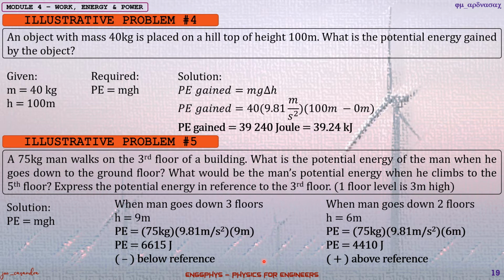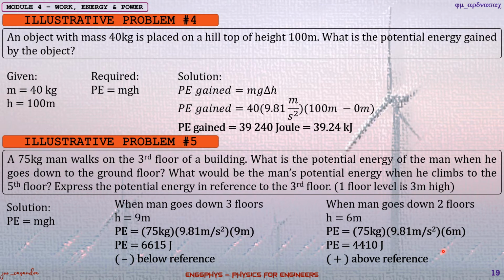So we are losing potential energy. But if we are moving upwards, then our potential energy is increased, meaning we are gaining potential energy. That's why we have a positive delta, or a positive change in potential energy.